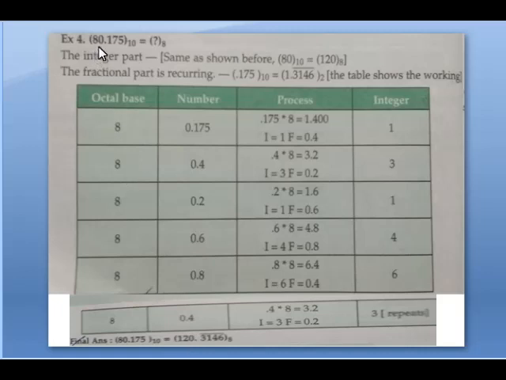You have to write like this: 1 3 1 4 6. Here you have to put a 1. 1 3 1 4 6 with a bar. These numbers are repeating again and again. 3 is repeating, so from 3 you have to put the bar.